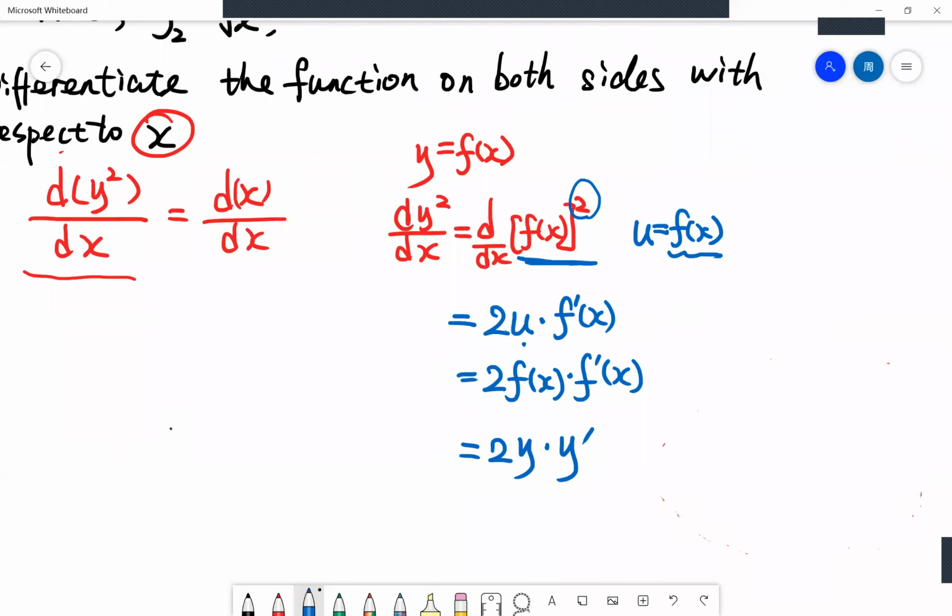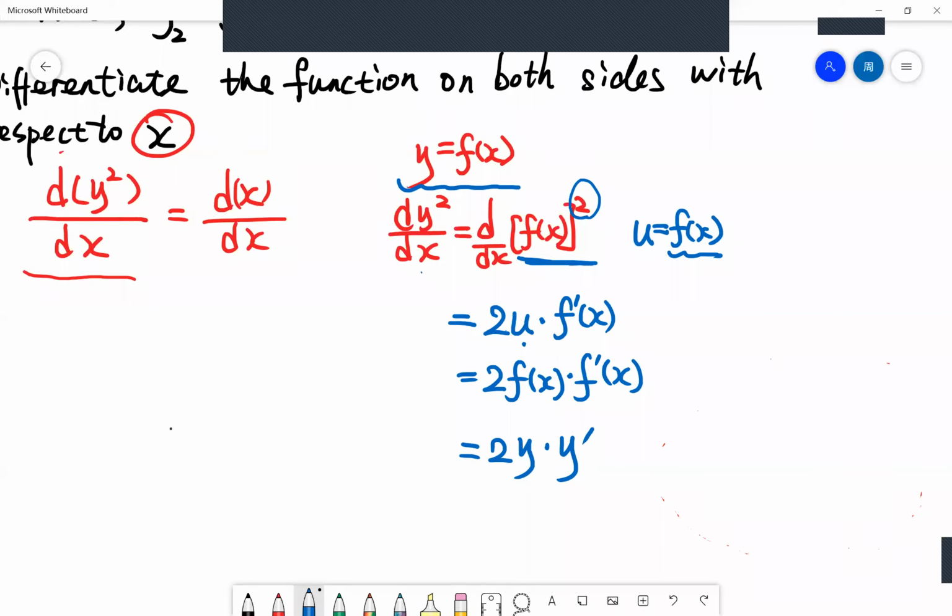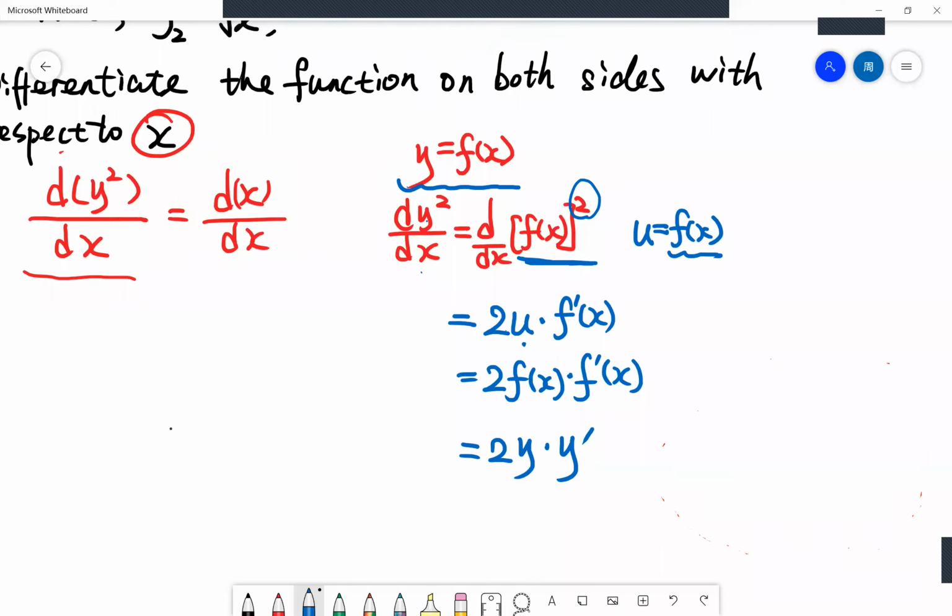Here, dy squared by dx, and y is a function of x. Remember that. So y can be written as f of x, to let you know that y is not the independent variable.